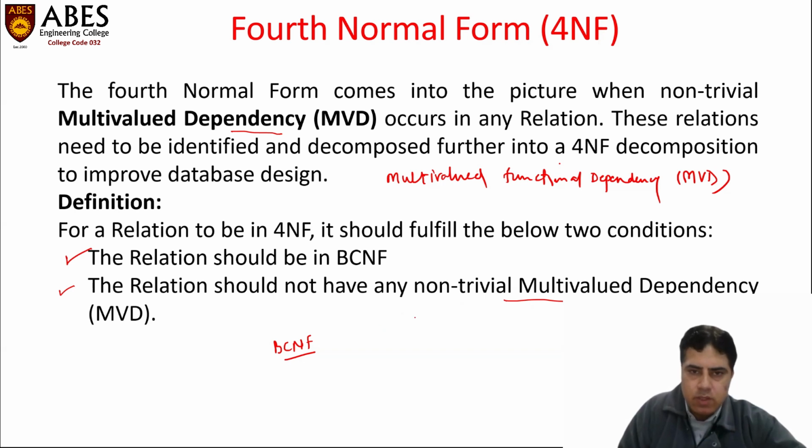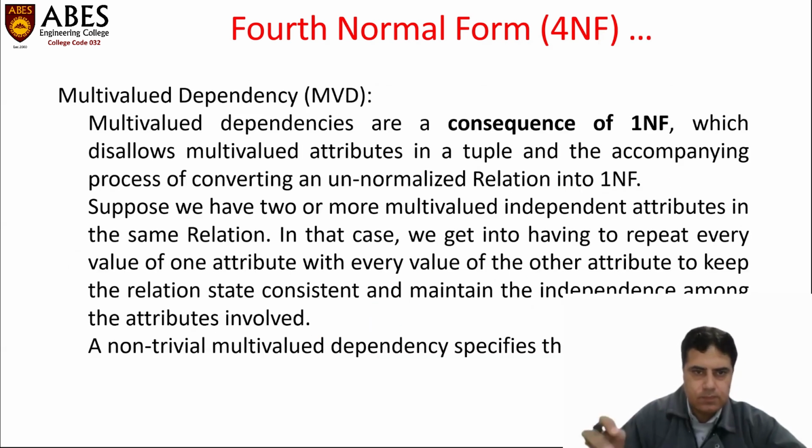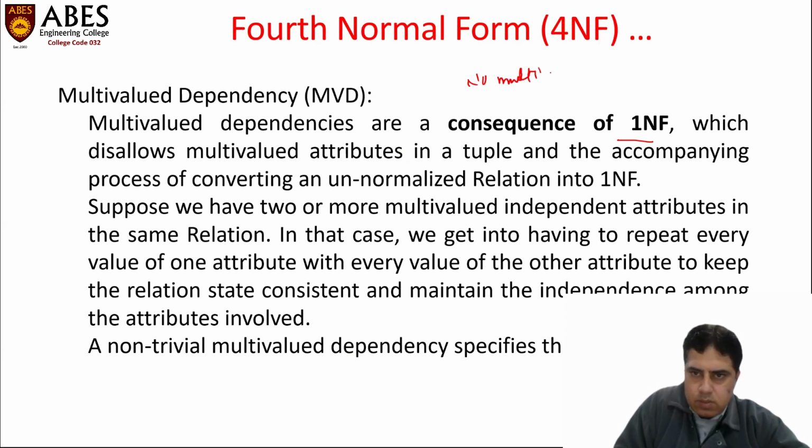The representation of multi-valued functional dependency is A determines B. B is the multi-valued attribute that is dependent on A. Now let us understand the concept of multi-valued dependency. Multi-valued dependencies are a consequence of 1NF. In 1NF, we have already studied that no multi-valued attribute is allowed in a table or relation.